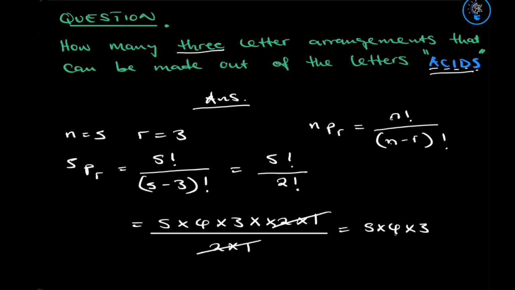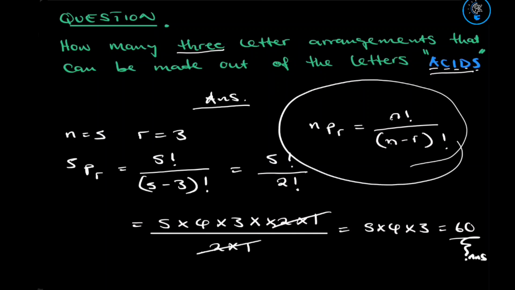We know that 5 times 4 is 20, and 20 times 3 is 60. So that would be our answer, 60. So I guess you can now appreciate the importance of this formula. That's how we apply this formula in calculating the number of arrangements.